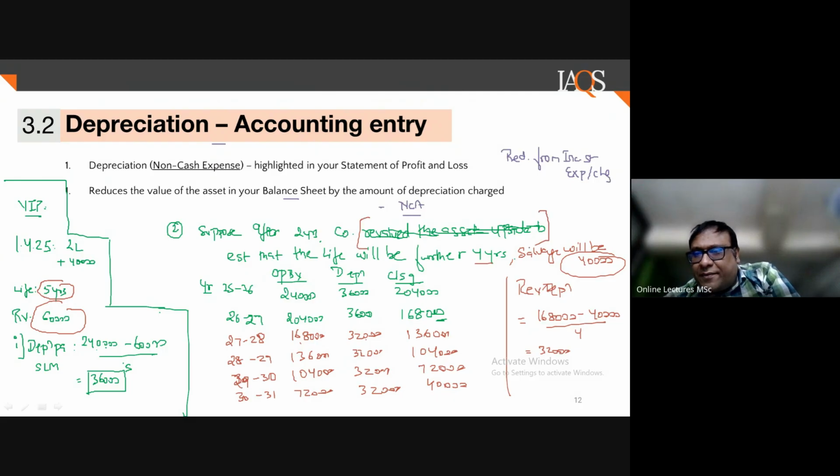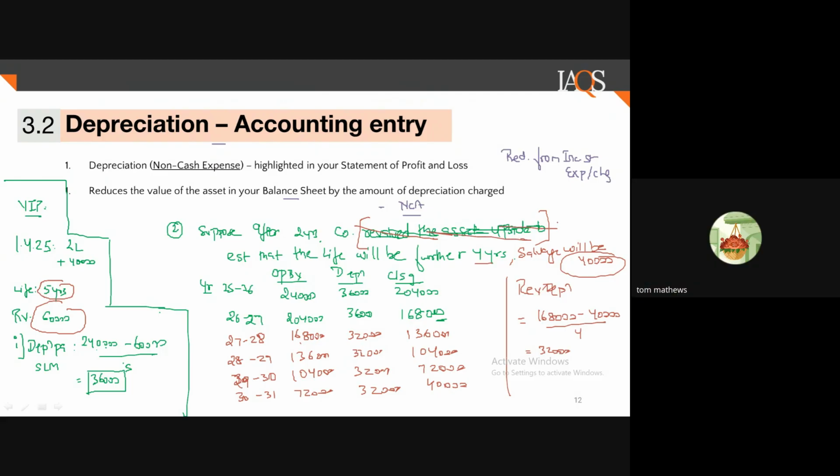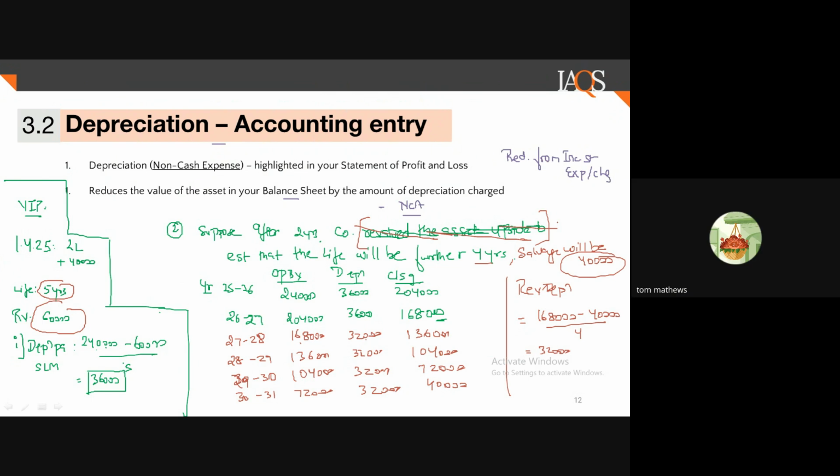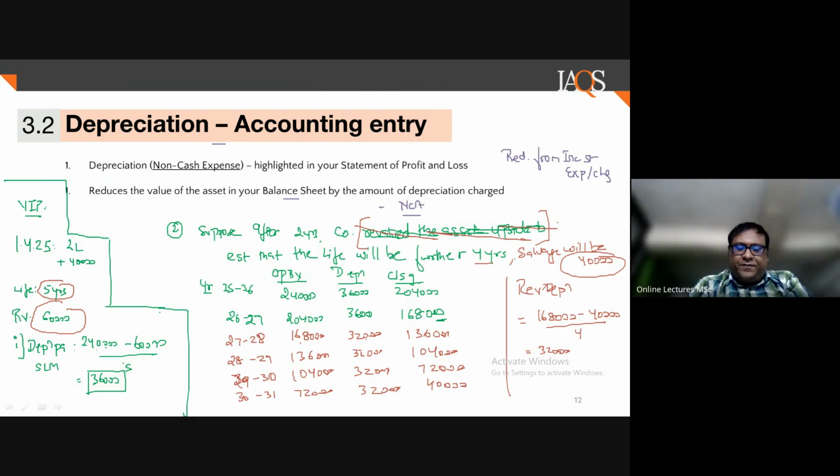If revalued, the balance, the difference between the written-down value and the revalued value, goes to the revaluation reserve.